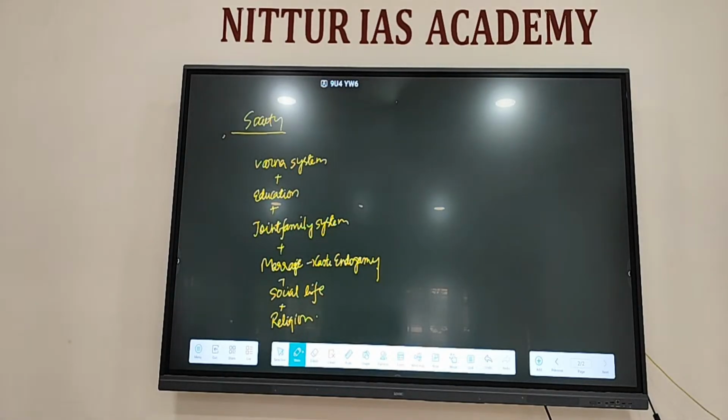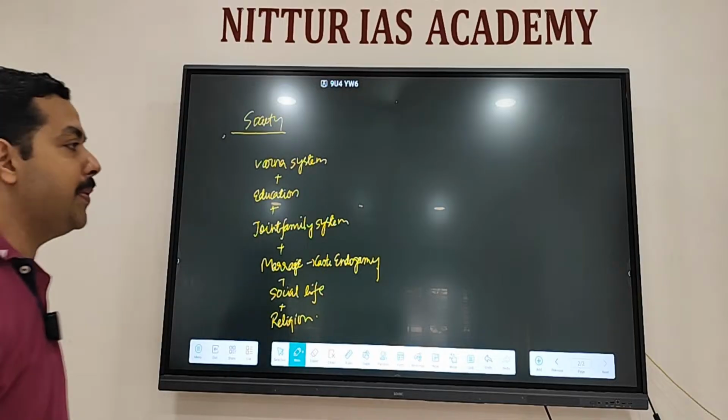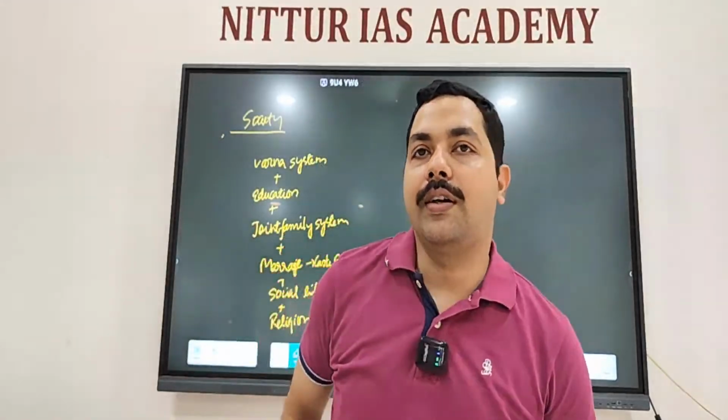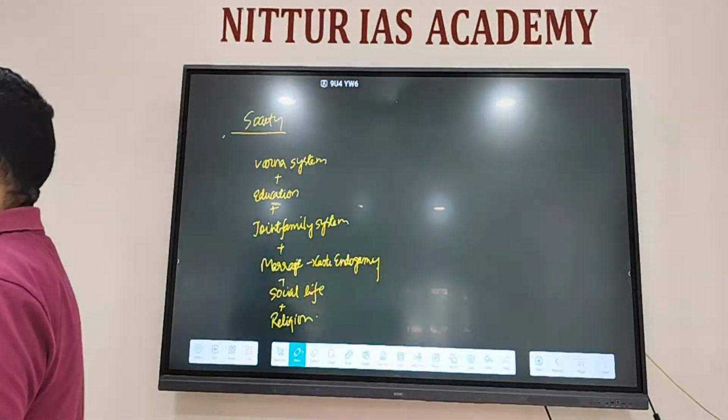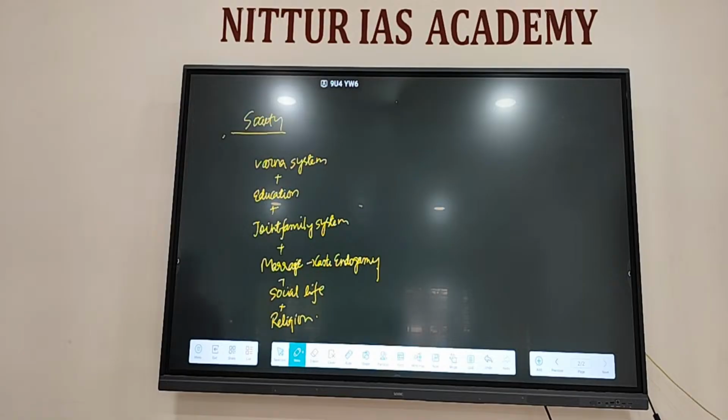For example, the Eran inscription. Eran is a place in Madhya Pradesh which mentions the sati system, where if the husband dies, the wife also jumps into the fire.